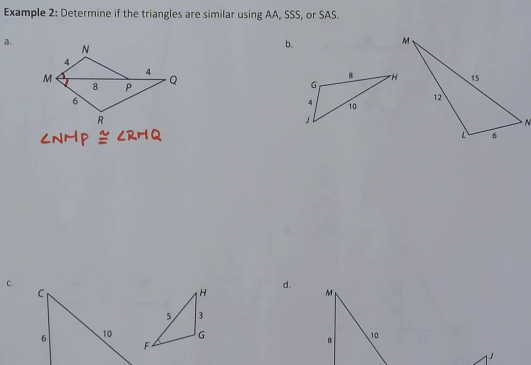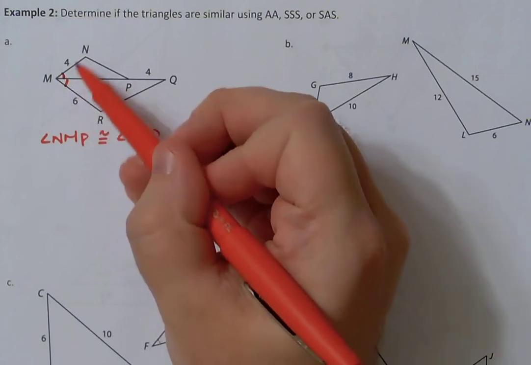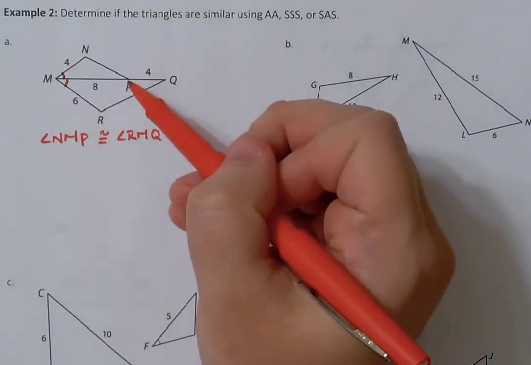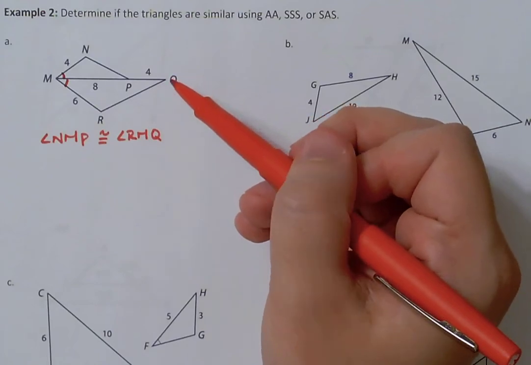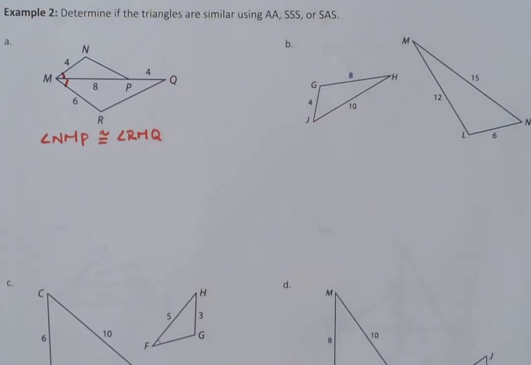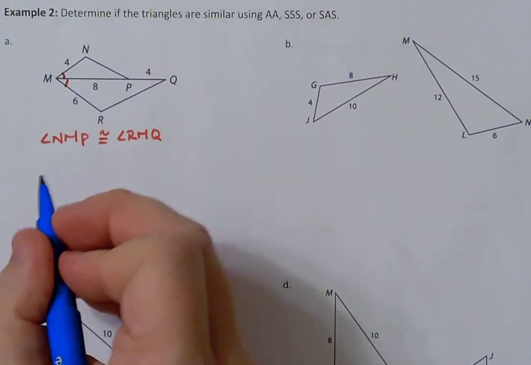The next best thing would be to use side-angle-side. So what I need to do is figure out the two sides that include the angle and see if they are proportional. So that's going to be NM and MP, and then RM and MQ. So that's what we're going to set up first.